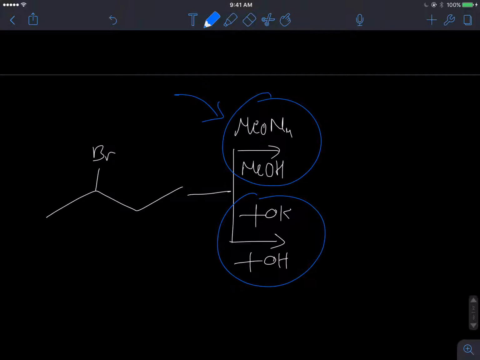It's a regular base, so it prefers the Zaitsev position, which is the more substituted side, which is this one over here. That's the more substituted side.